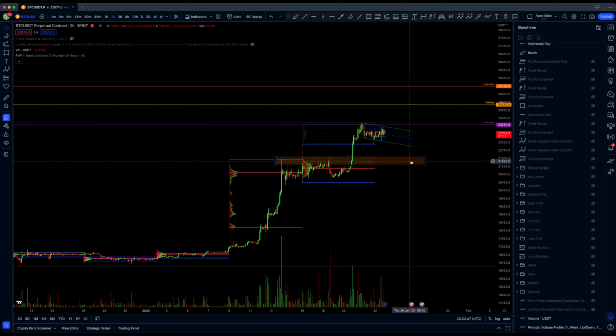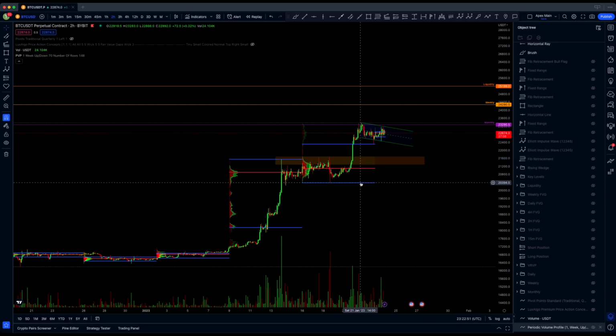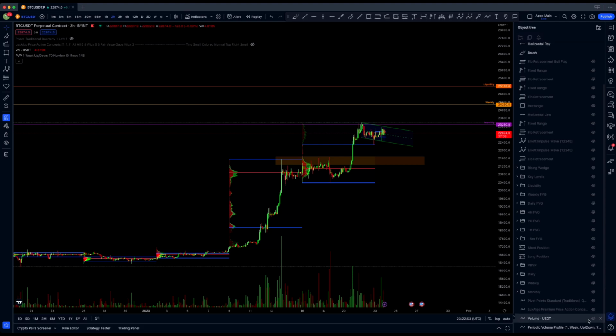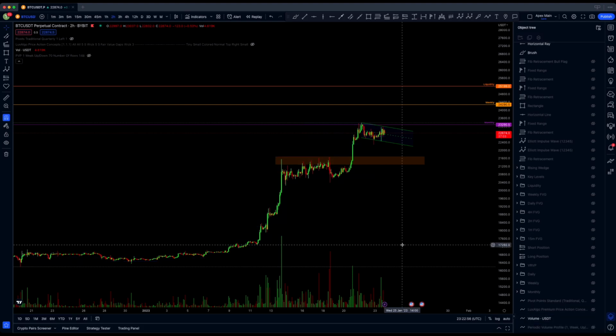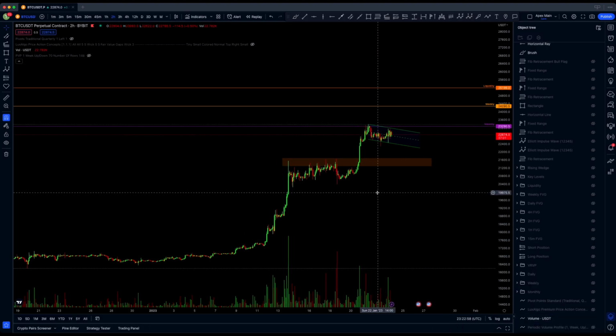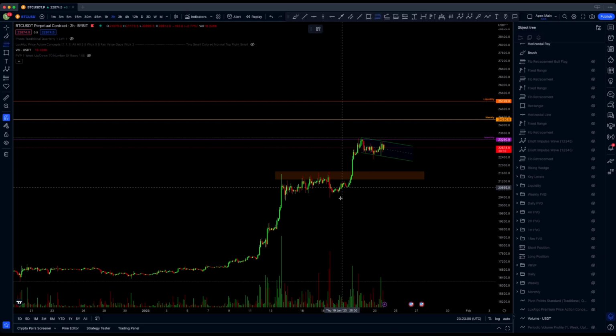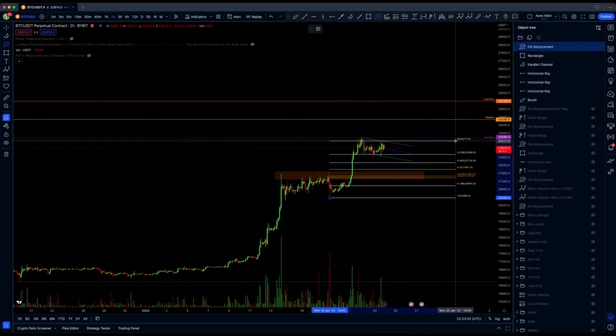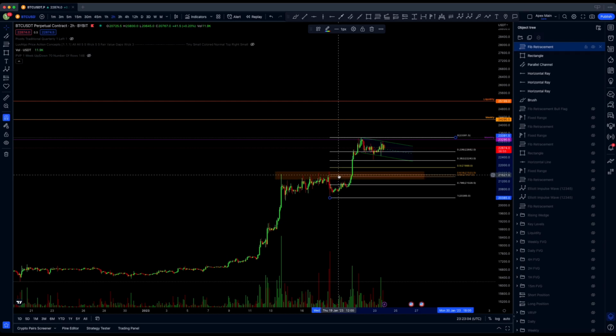We've got this zone here at the 21,500 level. And then if we take our Elliott wave and go from here up to here, right in that same area we have the golden pocket, which again gives a nice confluence for a potential move to the downside.